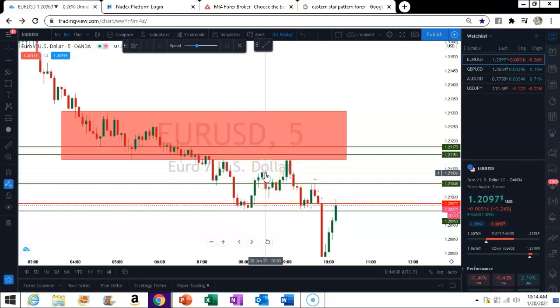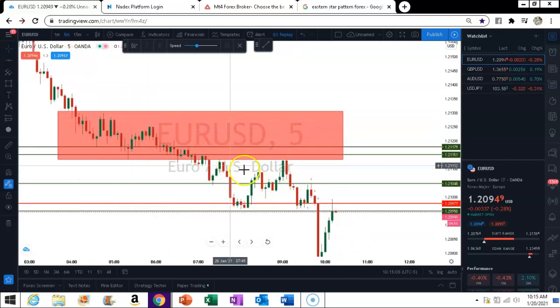Typically, this is not a bearish engulfing candle, but we have a huge red candle and a good amount of, well, a nice piece of a wick right here below this red candle. And we are in a down trend.